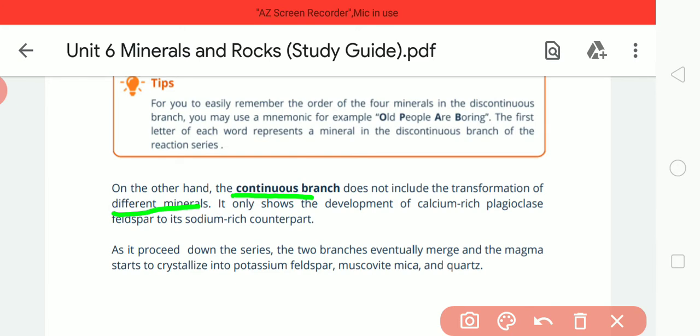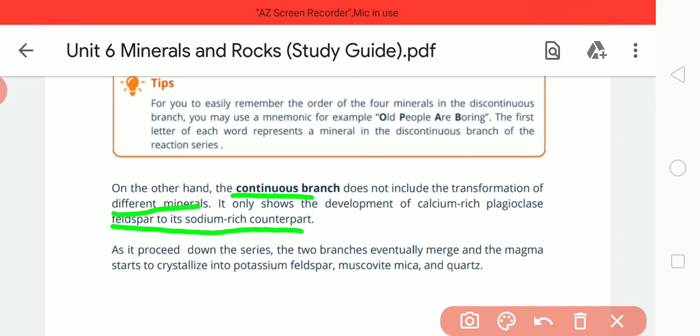Here in the continuous branch, that is not applicable because it does not include the transformation of different minerals. It only shows the development of calcium plagioclase feldspar to its sodium-rich counterpart.